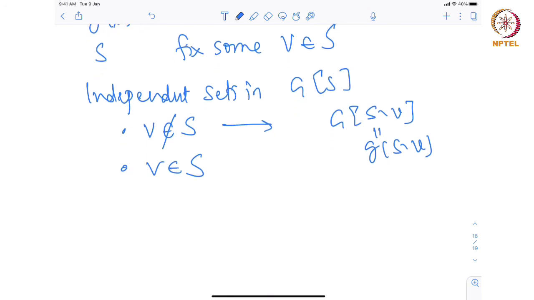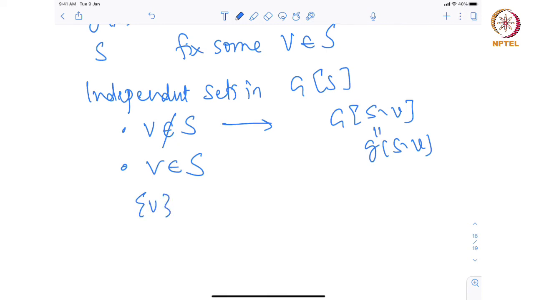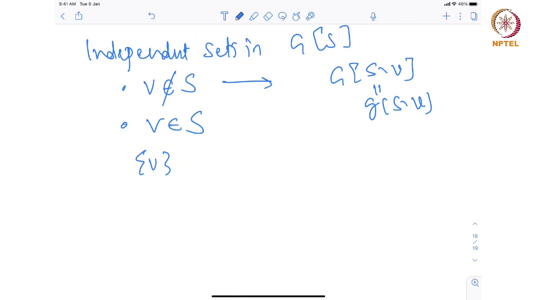Now, if you contain V, then V itself could act as an independent set, or you have to find an independent set. If you contain V, then none of the closed neighborhood of V can be contained, right?